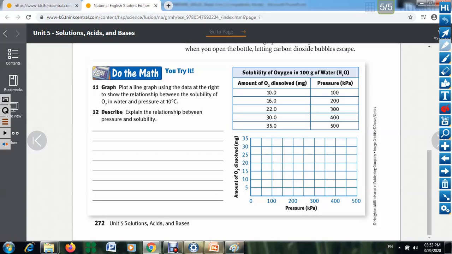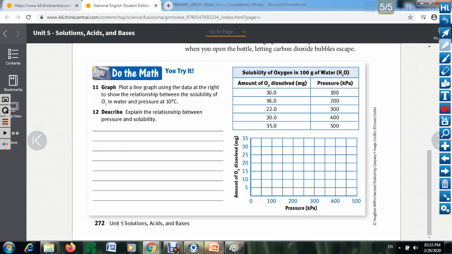And here you have different pressures. The pressure is given in kilopascal, the unit, and here the amount of oxygen dissolved in milligram. Okay, this table shows how different pressure will give a different amount of oxygen that can dissolve.